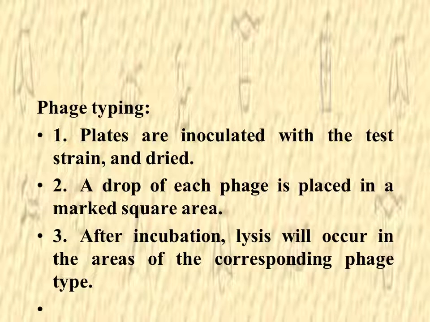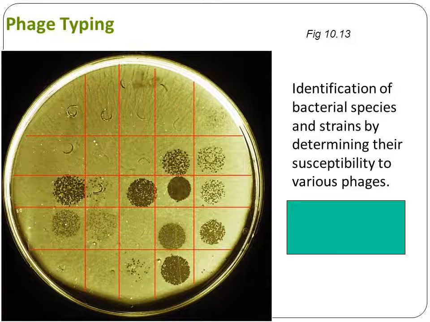What about phage typing? It is a type of virus which is called the bacteriophage. You know that viruses usually infect humans, animals, and plants, but a certain group of viruses infect bacteria. They are specific to certain types of bacteria, and different types of phages can be used to differentiate between different strains of bacteria.